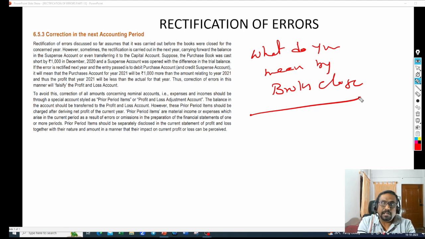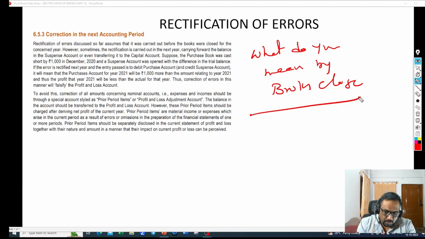You have already prepared a profit and loss account. You have already prepared your balance sheet. You understood what your profitability is. You understood what your financial status is by preparing these financial statements. Once that is done, you need to freeze your books for the previous year. Why do you need to freeze the books? Freeze in the sense you should not allow anybody to post entries into the previous year.